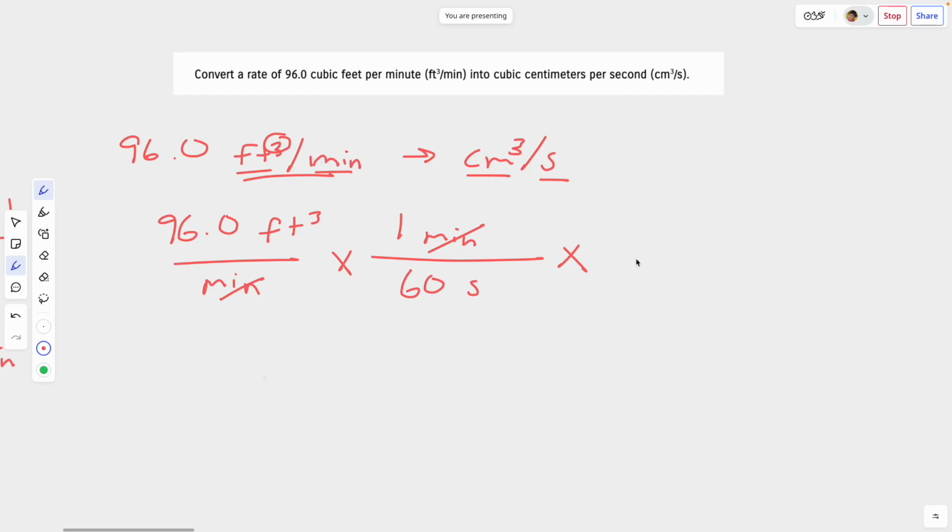So we know that 1 foot is equal to 12 inches, right? So if we were to do this, we get an incorrect answer because the units aren't canceling out correctly. In fact, this would become squared feet because we're dividing by just 1 foot over here. So we have to cube this conversion factor so that we get the correct units to cancel out.